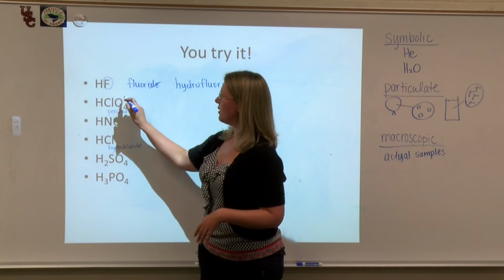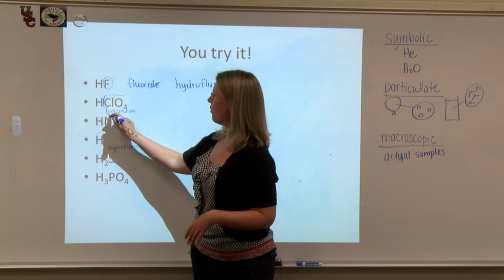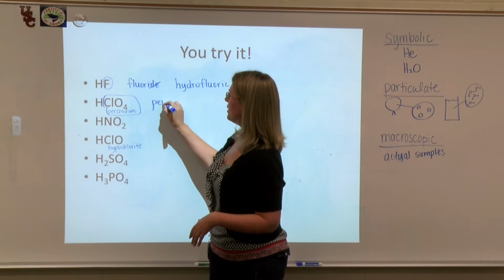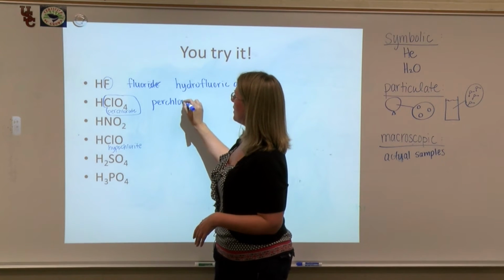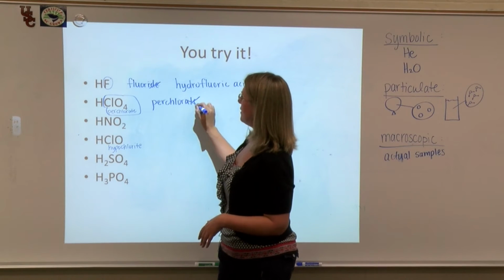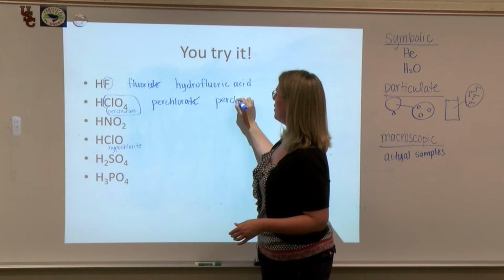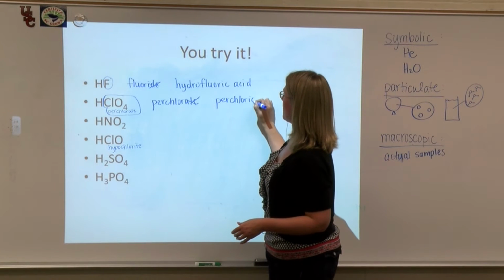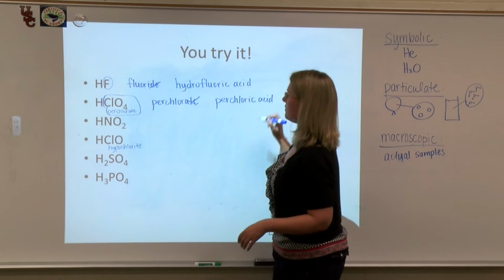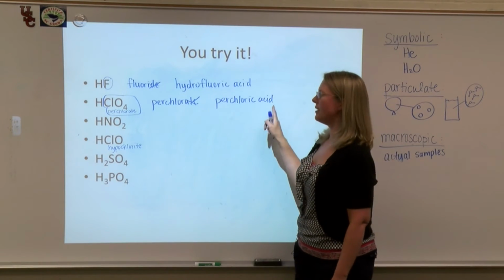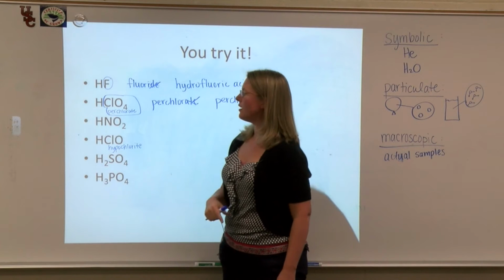For this one, what's not H is this ClO4, which is called perchlorate. And remember the rule with ate is that you drop the ate and add ic acid. So this just becomes perchloric acid. No hydro because it's not in the rules, okay? Remember this word acid is what's telling us that H is there.